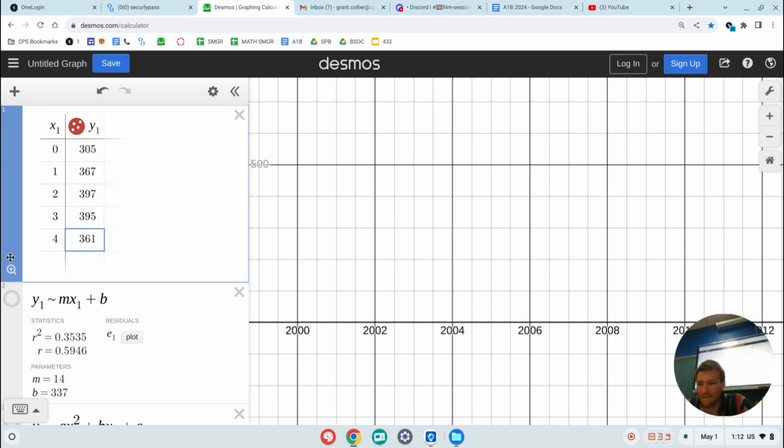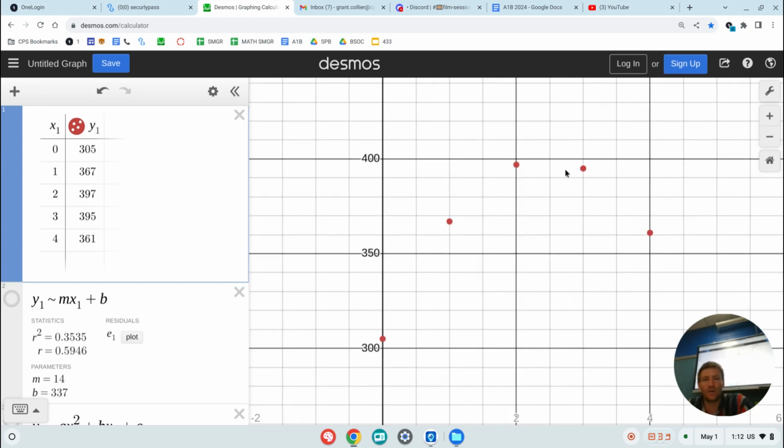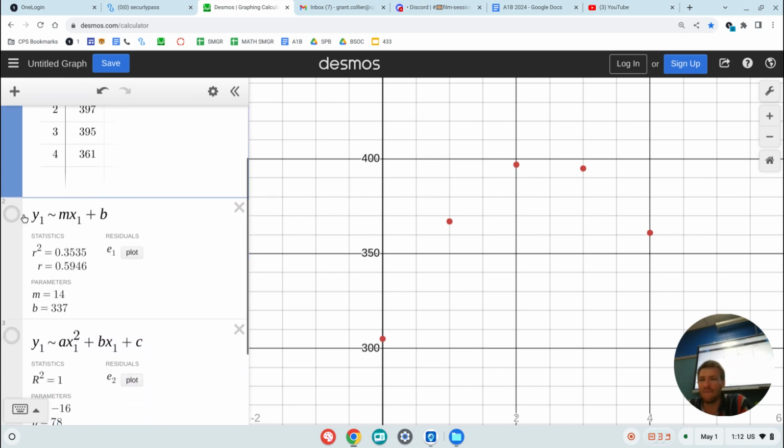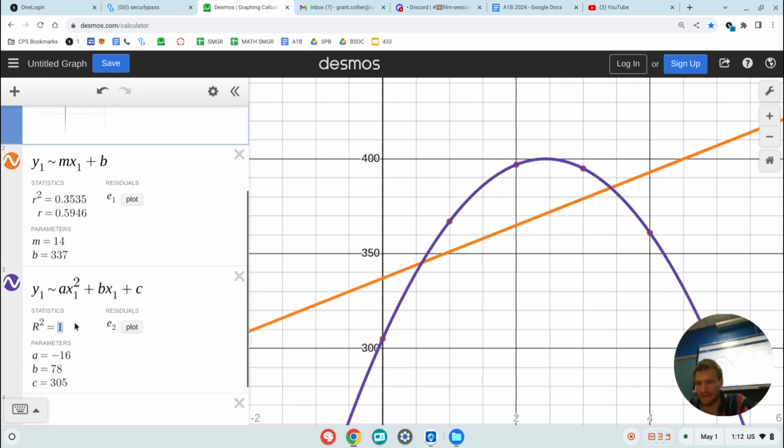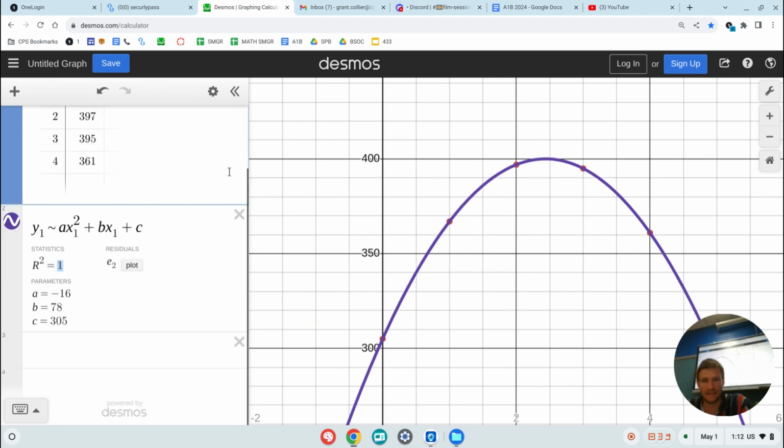I'm going to hit the magnifying glass. Does this look curved or linear? Definitely looks curved, and obviously Desmos agrees. Really not confident in the linear, really confident in the curve. I don't need the linear. I'm going to work with the curve. Here's my equation, ABC.